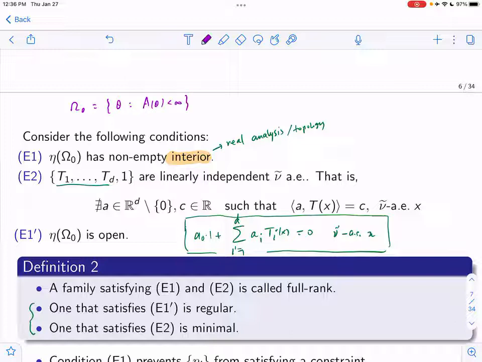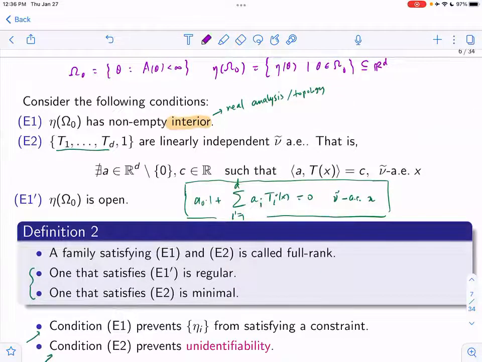So eta of omega is just the image of that set under the eta transformation, the set of all eta of thetas that you get where theta is in omega naught. So this would be a subset of R^d, right? And the idea here is that we assume that this subset of R^d has non-empty interior.